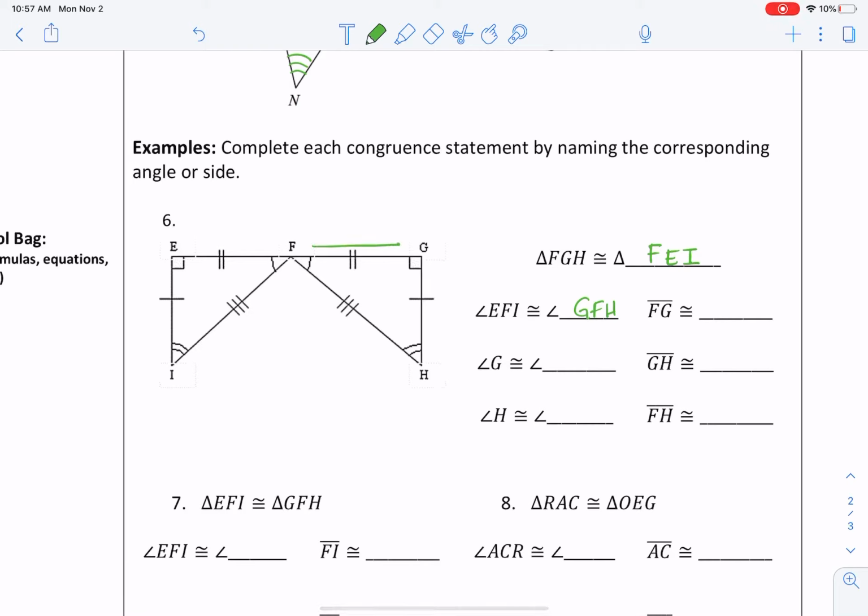Side FG goes from 1 mark to right angle, so to go from 1 mark to right angle this way is FE. EF would be incorrect. Angle G matches angle E. Side GH matches side EI. Angle H matches angle I. And side FH matches FI.